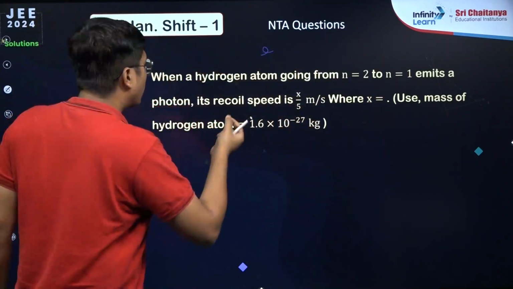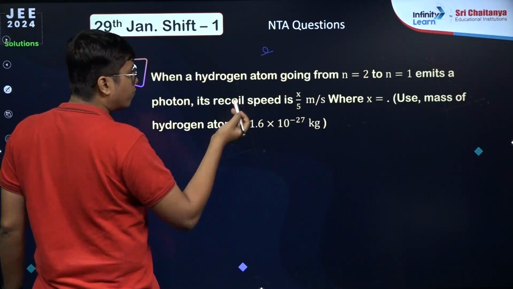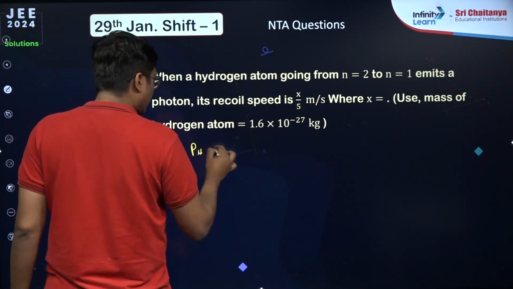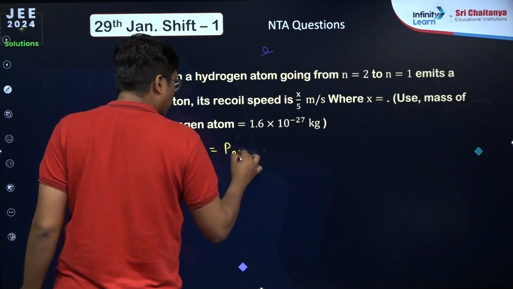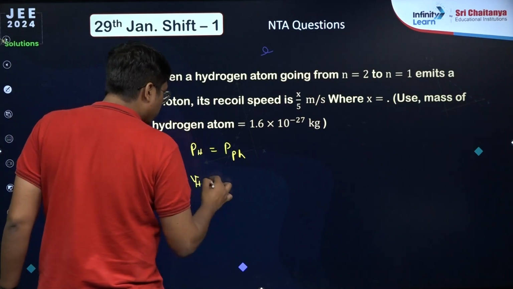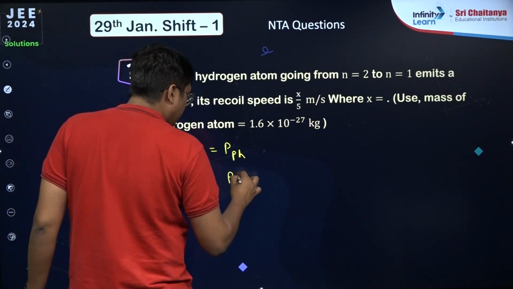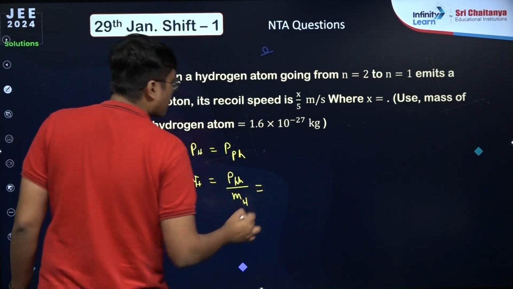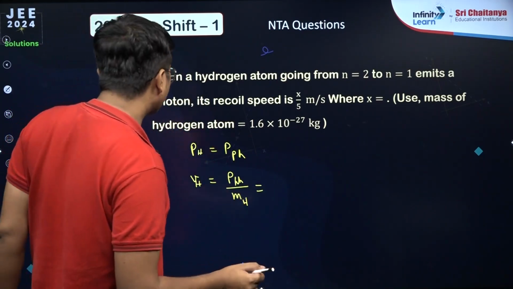Momentums will be equal. We are looking for the velocity. So velocity of that hydrogen is equal to momentum of the photon divided by the mass of hydrogen.